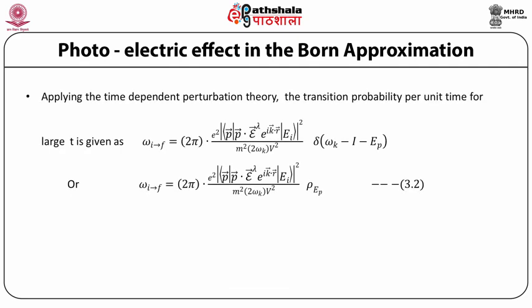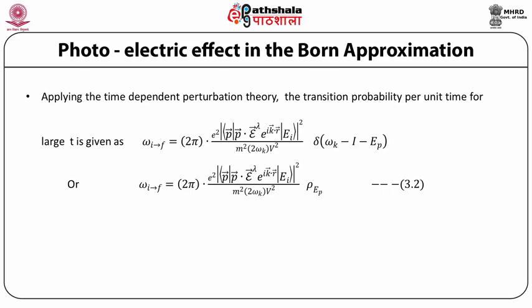Applying time-dependent perturbation theory, the transition probability per unit time for large t is given by omega for the initial state going to the final state, as equal to 2 pi into e squared into the matrix element squared between p vector and E_I of p dot epsilon plus i k dot r, divided by m squared twice omega_k v squared, multiplied by the delta function for the energy, namely omega_k minus I minus E_p.